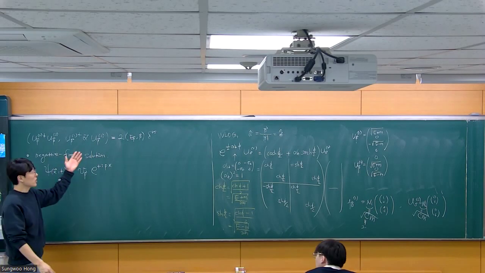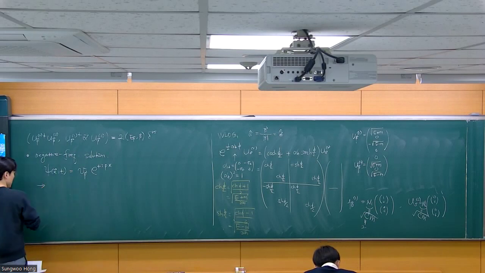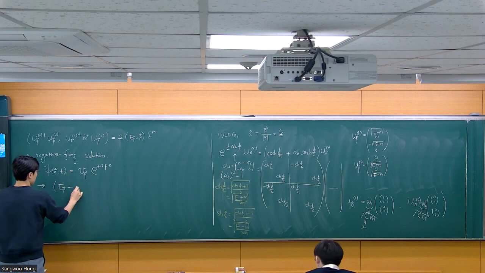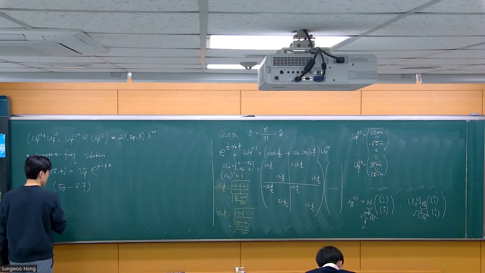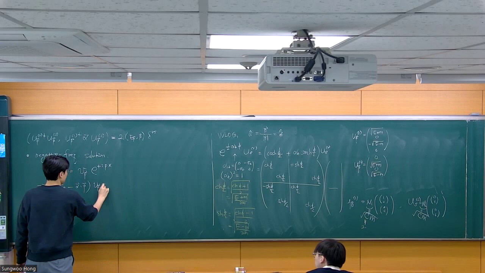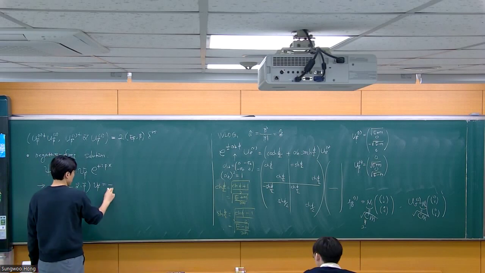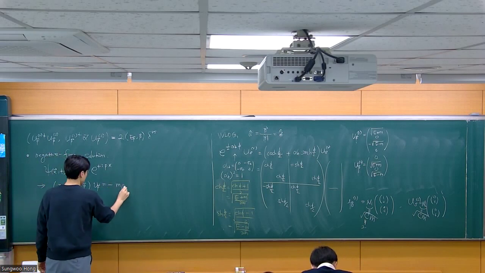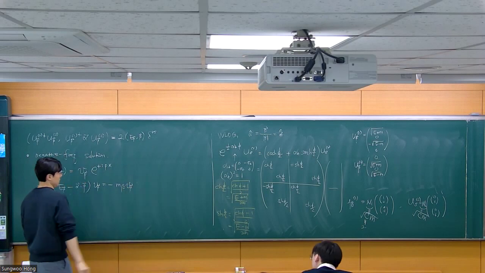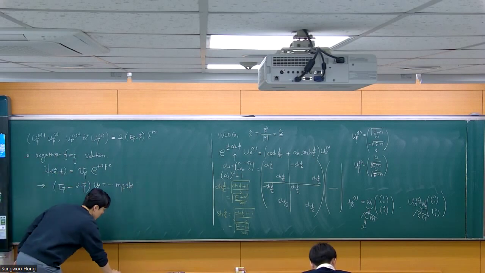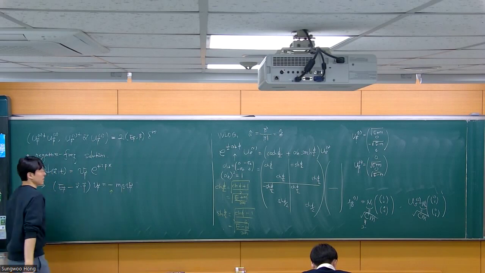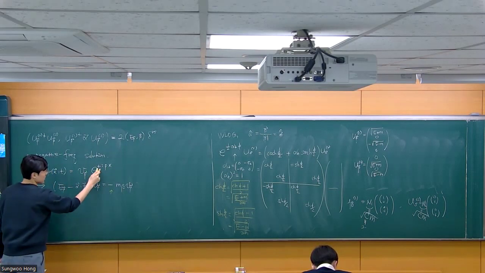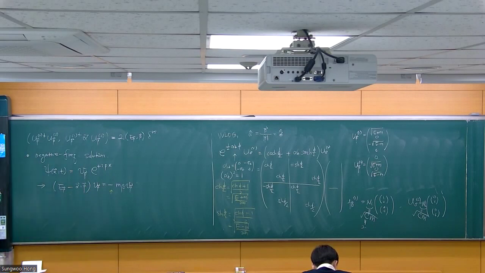So you can plug this into the Dirac equation, and the equation should be alpha dot p minus m beta acting on v, where now it's minus instead of plus m beta. Compared to the positive frequency case, I just have this overall sign difference, because here instead of minus, I have plus. So that's what you get.